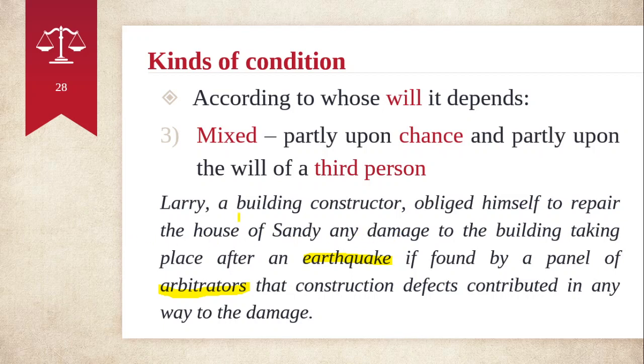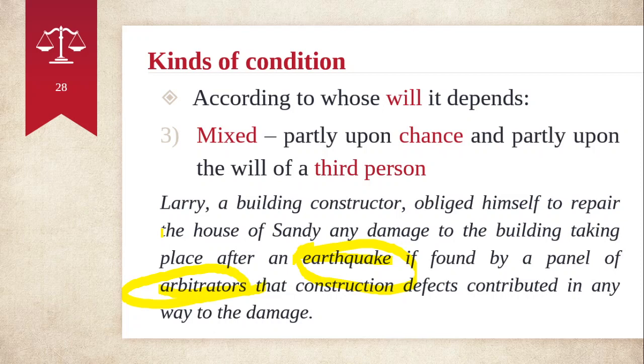So, kapag nagkaroon ng damage dahil may earthquake, and napatunayan na because of construction defects, tungod sa ihang negligence in the construction of the building, nagkaroon ng damage. So, sinong magdidetermine? The arbitrators. So, upon chance, upon the will of a third person. So this is again an example of a mixed condition.